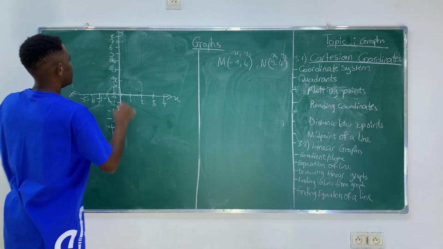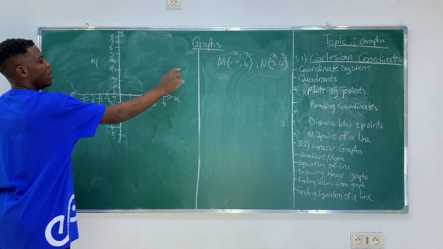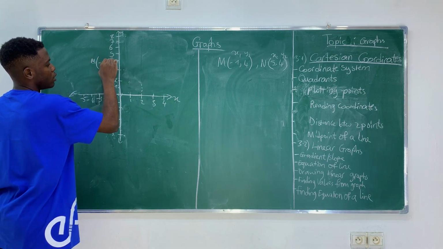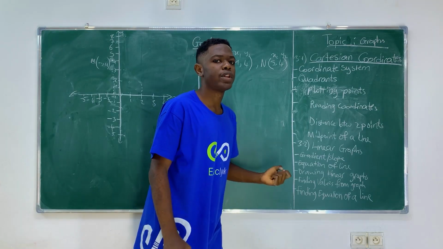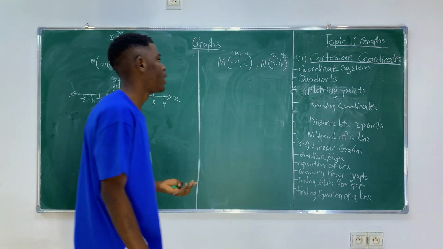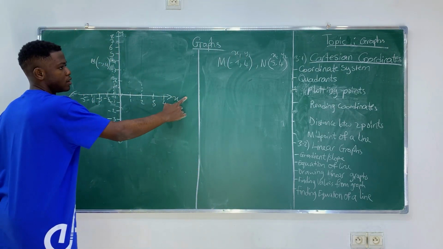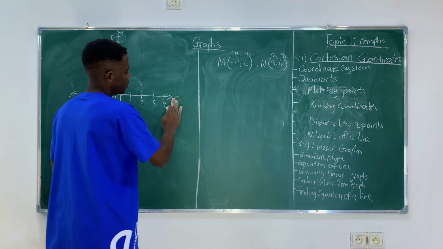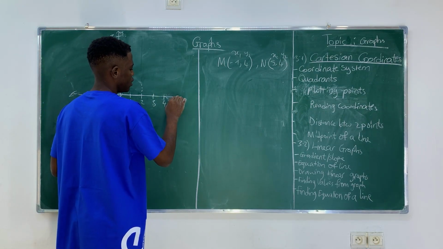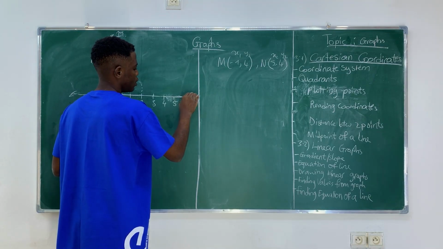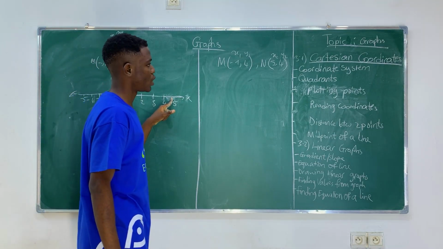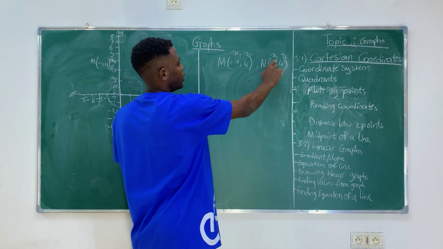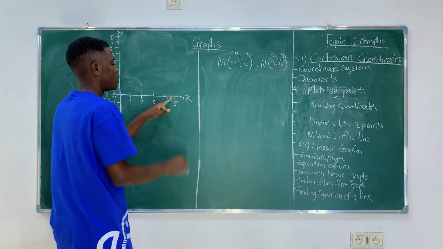What is the point N? N is (5, 4). Let's go to the point N and see x2. What is x? It is 5. 5 is here on the x-axis.